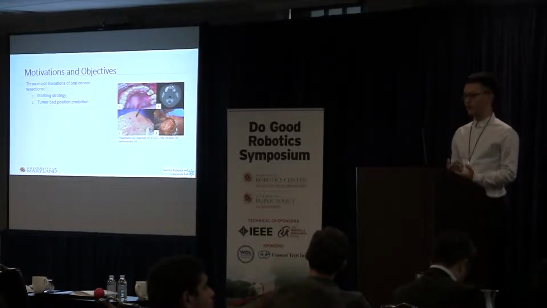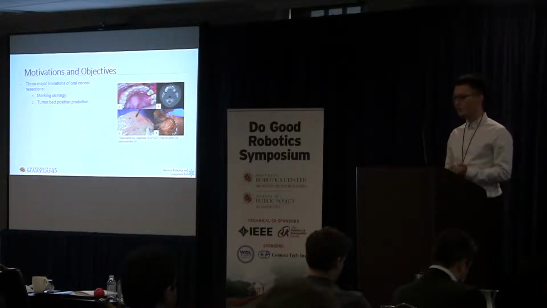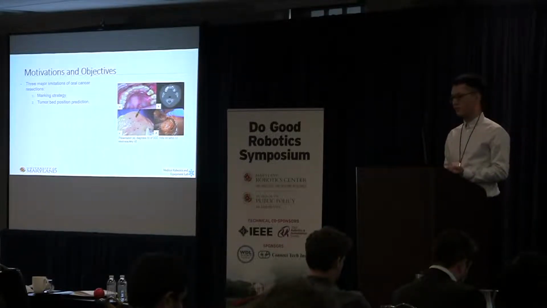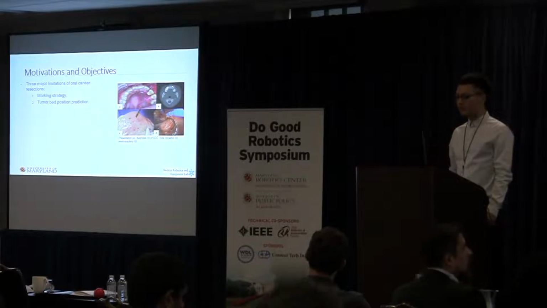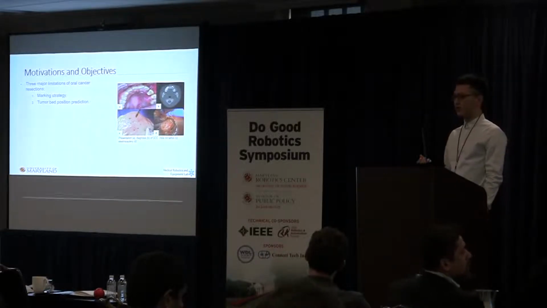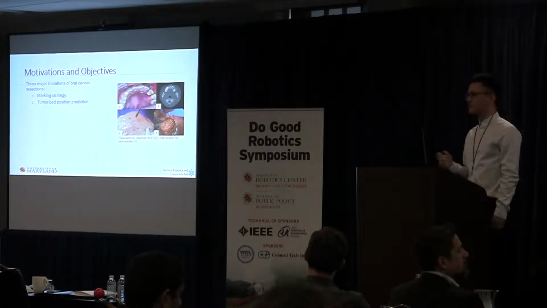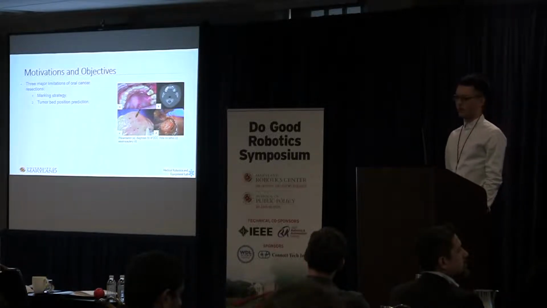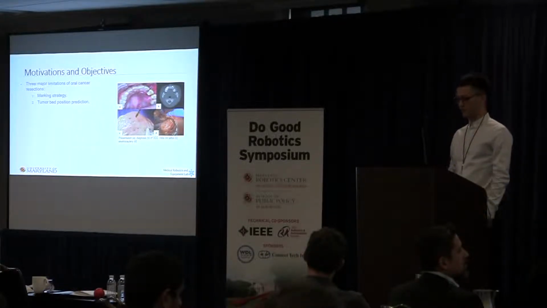Between the diagnosis and the actual resection surgery, surgeons will run chemotherapy, radiotherapy, or chemoradiotherapy to control the tumor metastasis. But while they're doing it, the tumor shrinks and migrates preoperatively, and the tumor shape also changes and deforms intraoperatively. There's no way for the surgeons to perfectly predict the tumor bed areas.